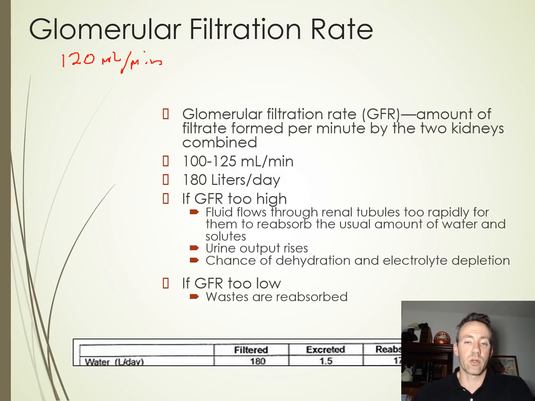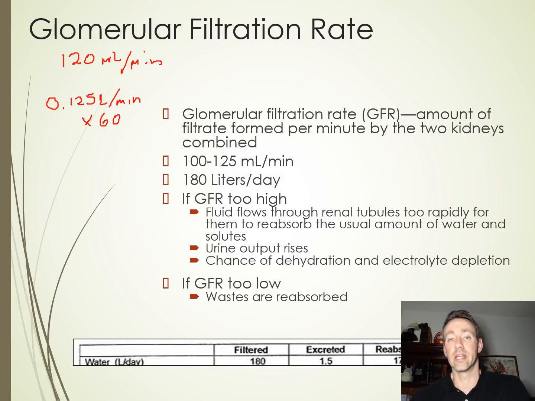If we were to extrapolate this, let's say 125 mils per minute, 125 mils is 0.125 liters per minute. I could multiply that by 60 to get how many liters per hour, and multiply again by 24 to find out how many liters per day are getting filtered.